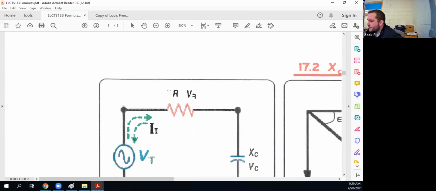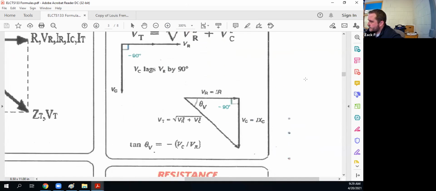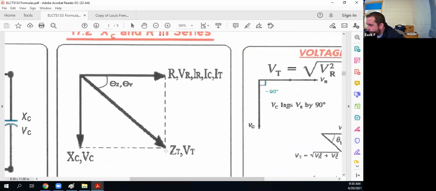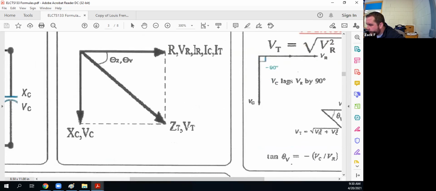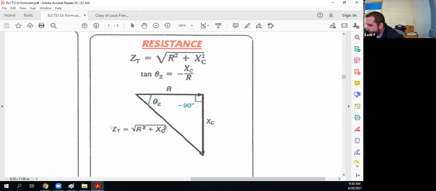Let me zoom in on this a little bit. So if you were going to find impedance in a circuit that had a resistor and a capacitor in series, here's how you would find it. This tip to tail method. Z sub T means impedance.